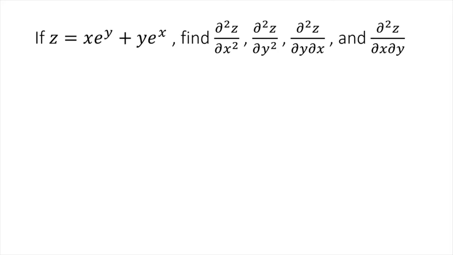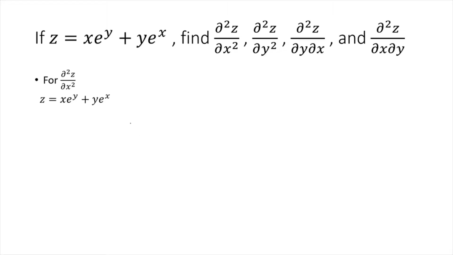So the first one. For the solution for the second partial derivative of z with respect to x, given z equals x times e raised to y plus y times e raised to x. Here, we are differentiating with respect to x, so we hold y as constant.